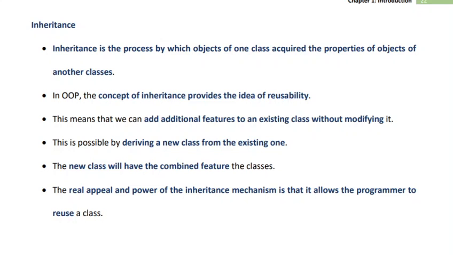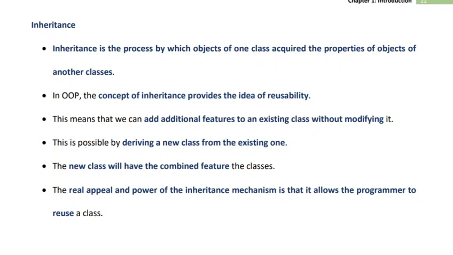This means that we can add additional features to the existing class without modifying it, and create a new class out of it, right? Again, this is possible by deriving a new class from the existing one. So we can have a new class that has the properties of the existing classes, as well as its own new set of properties. The new class will have the combined features of the class, as well as its own set of properties.